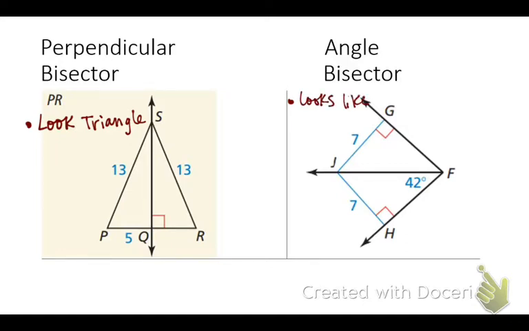A diamond, square, whatever. One of them is open. We could say this one is open. This one looks closed.